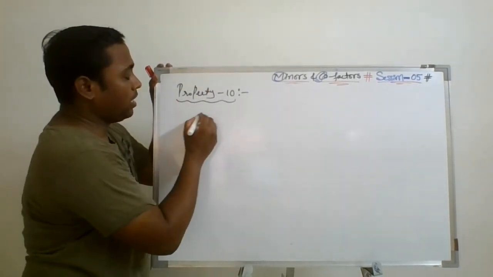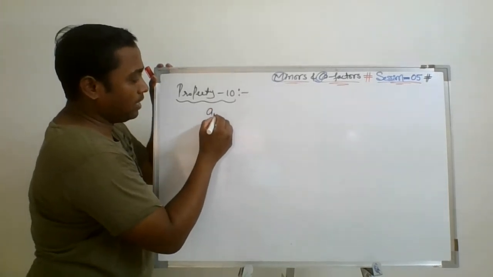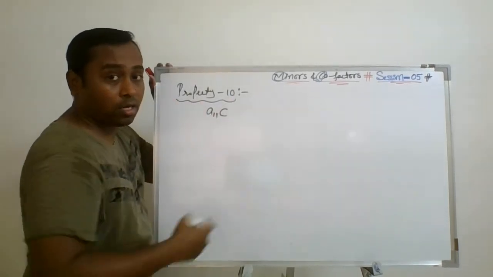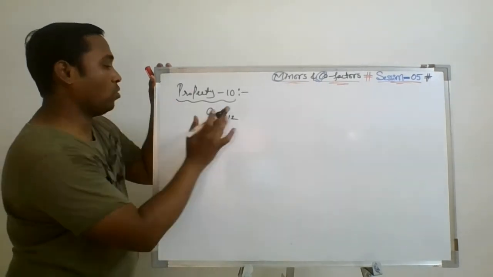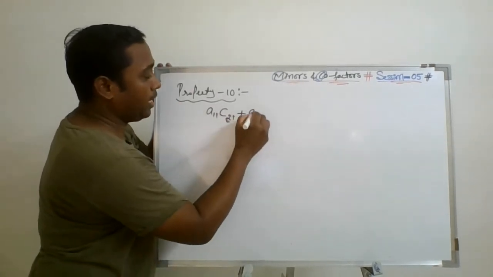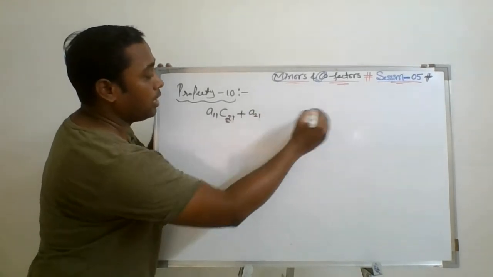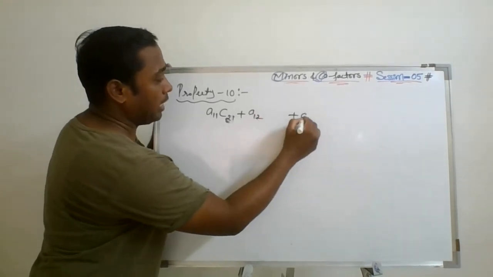What is that? Here, if you are multiplying the row 1 elements with the cofactors of another row, let us say row 2, right? Row 2 means C21, and the elements A11, A12, A13.